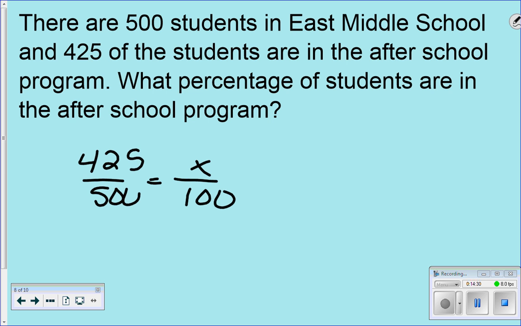Okay, I'll let them solve it. You can easily take zeros off of this one too. It's a high percentage of students.